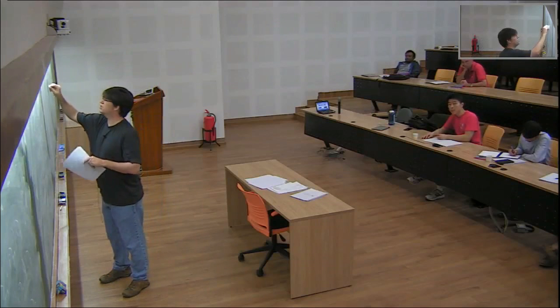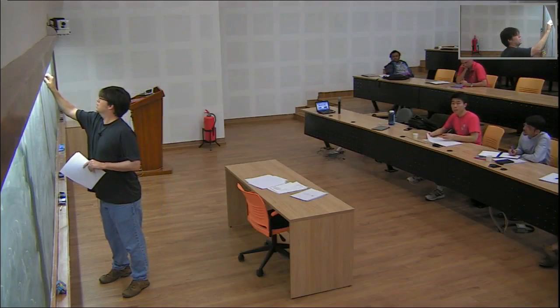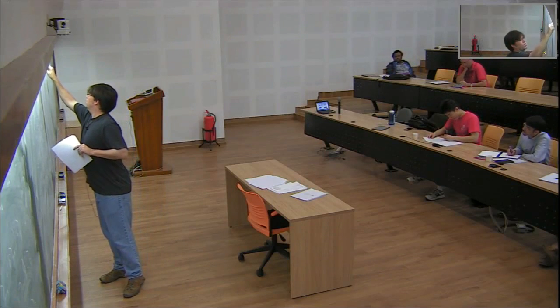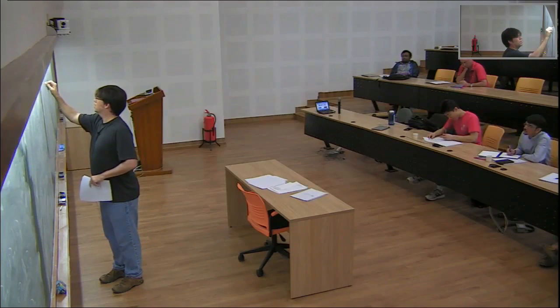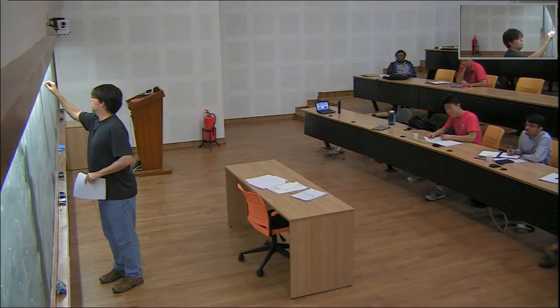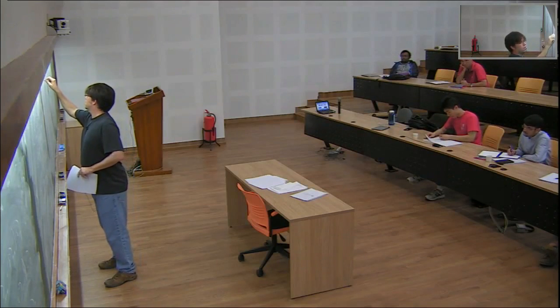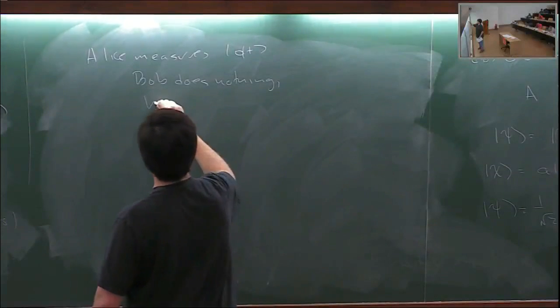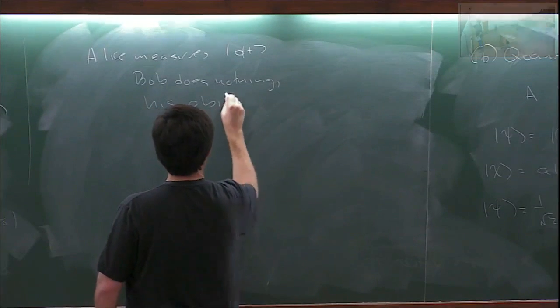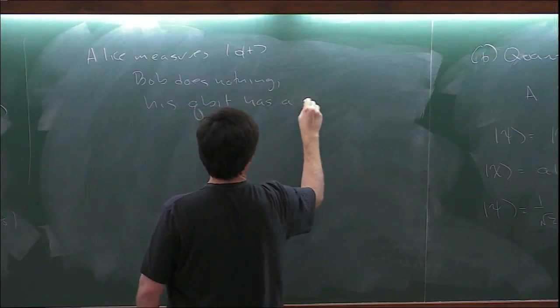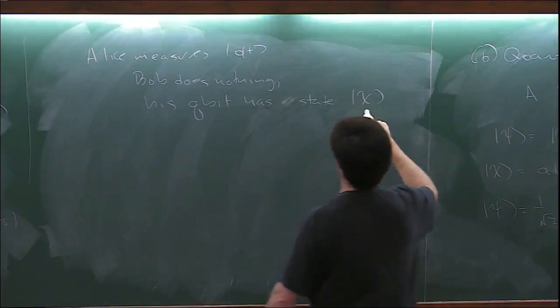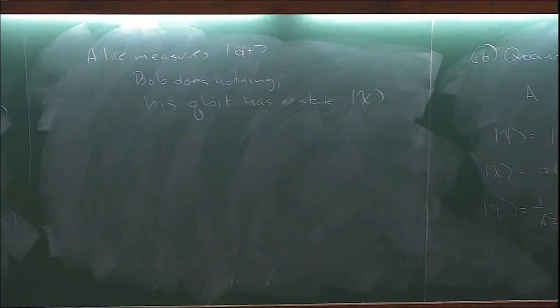If Alice measures phi plus, Bob does nothing, and his qubit has the state chi, which is identical to the state of Alice's message qubit.